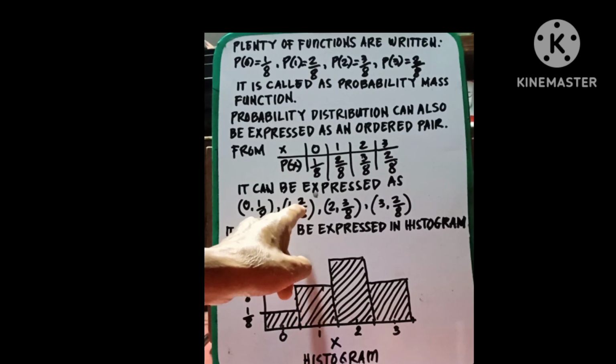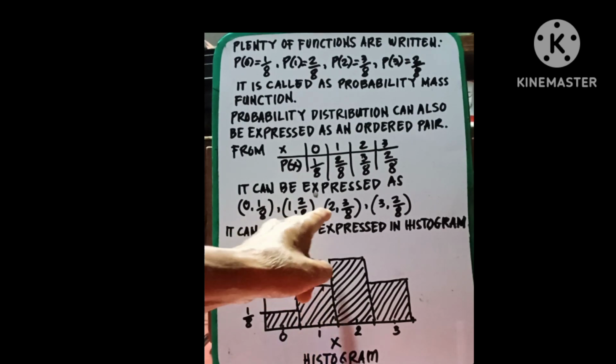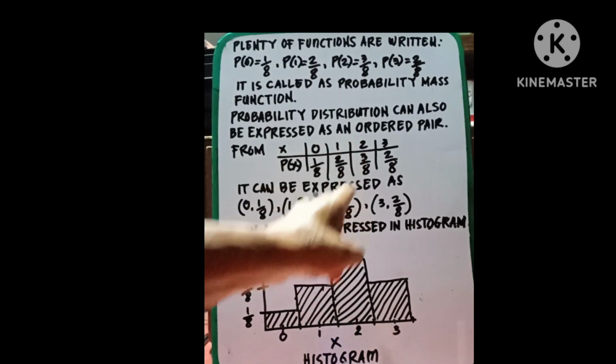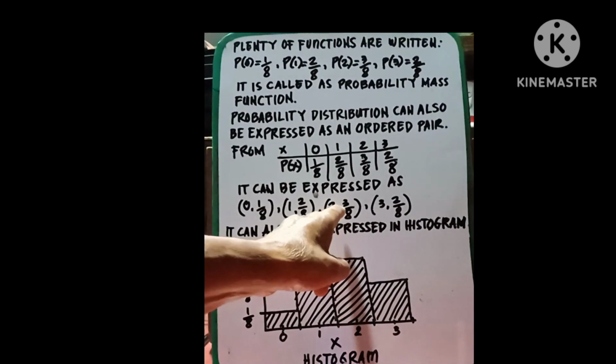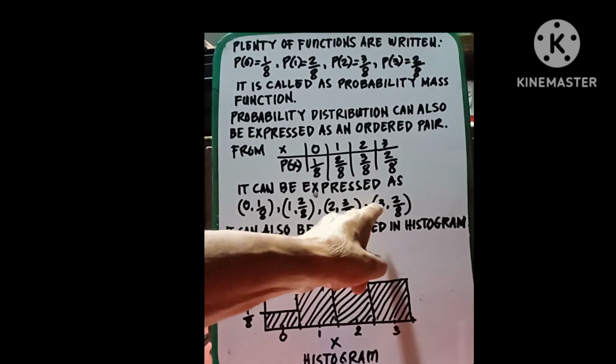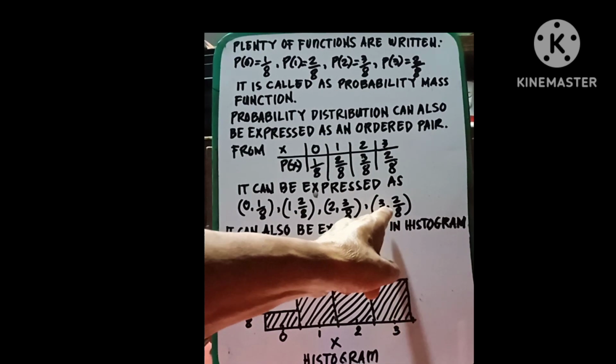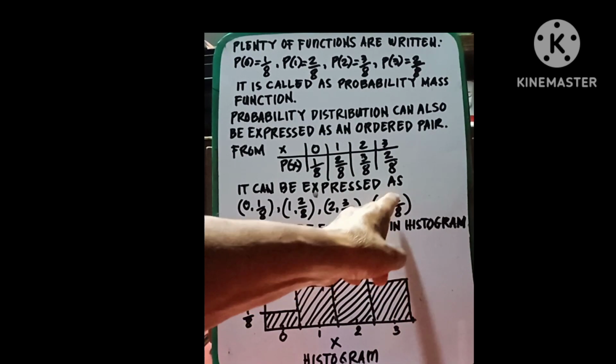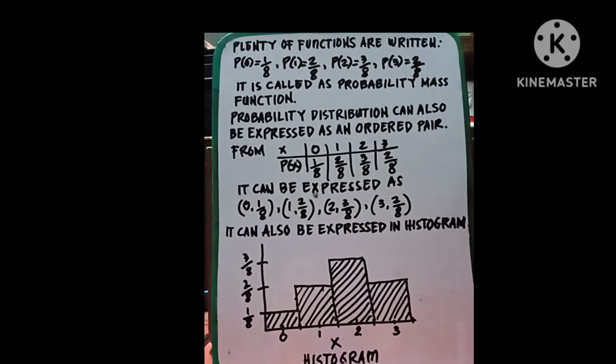For x equal to 1, P of x is 2/8. For x equal to 2, P of x is 3/8. And if x is 3, P of x is 2/8. So it can be expressed also as ordered pairs.